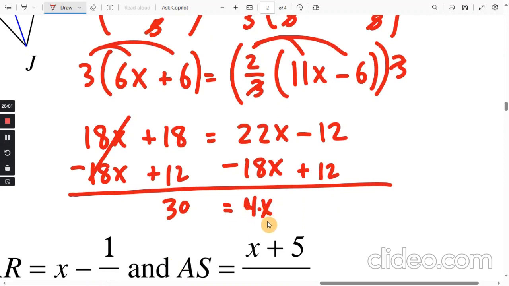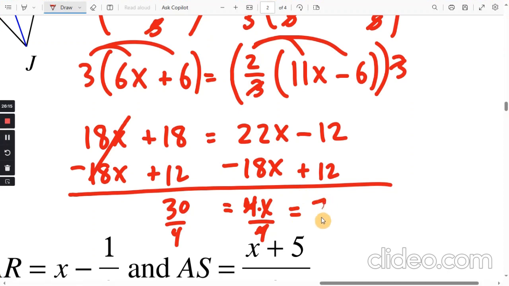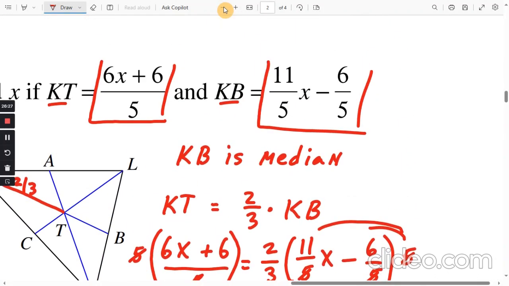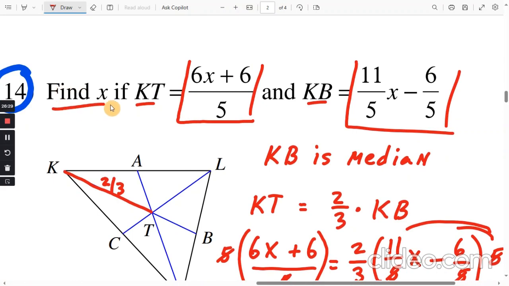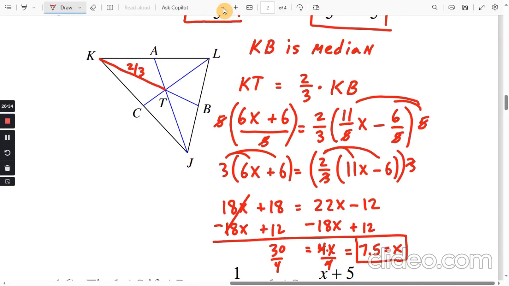The opposite of times 4 is divided by 4. The 4's cancel. And x equals 30 divided by 4, which is just 7.5. And they said find x. So that's it right there. X is just 7.5.